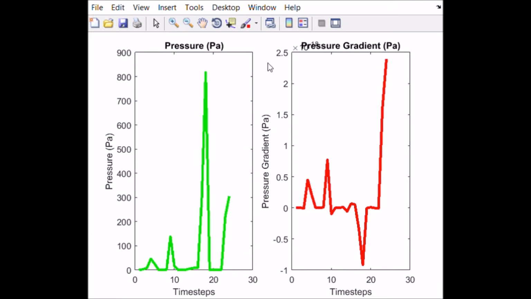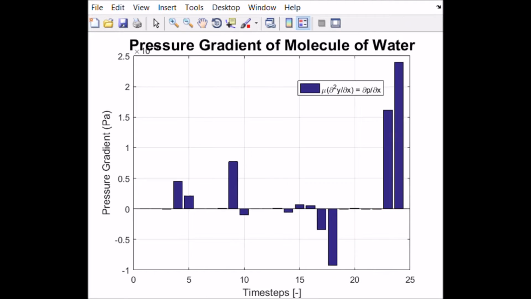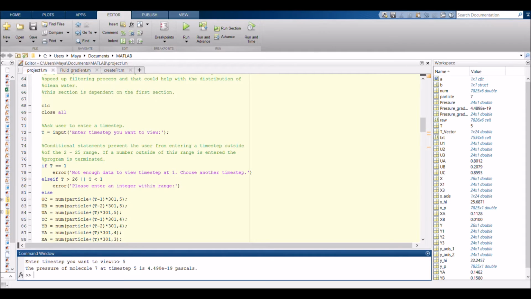It also brings up the graph here of the pressure gradient compared to the pressure. And down here, as you can see, it has written out the pressure of molecule 7 at timestamp 5 is 4.490 e to the negative 19 pascals.